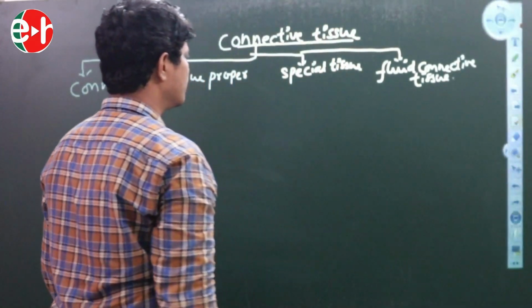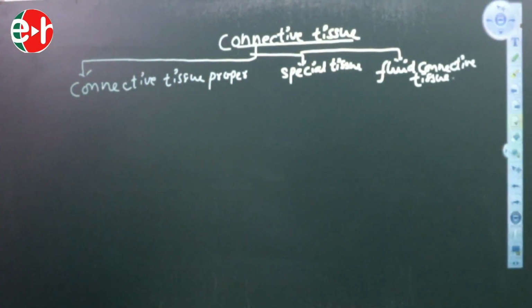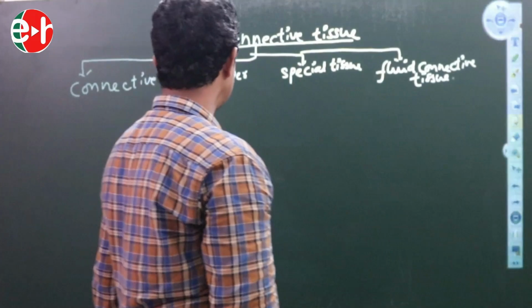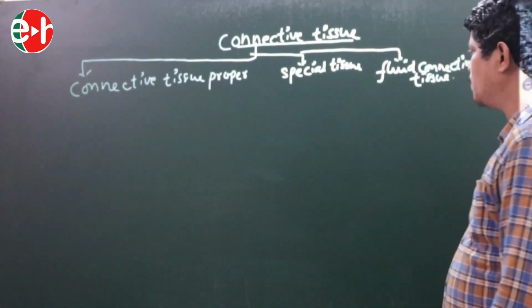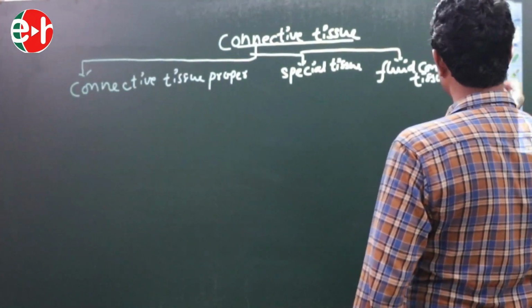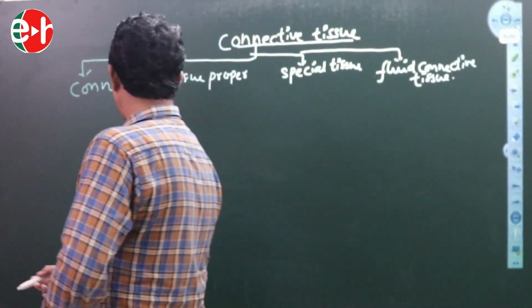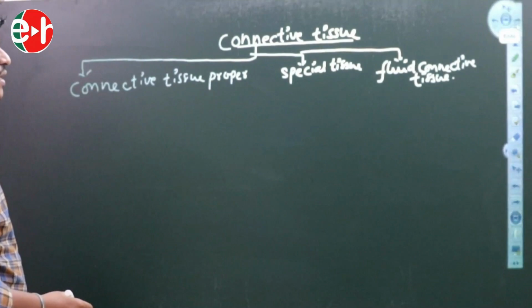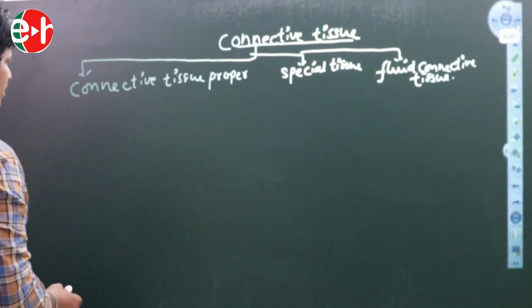These are the main components: connective tissue proper, special connective tissue, and fluid connective tissue.